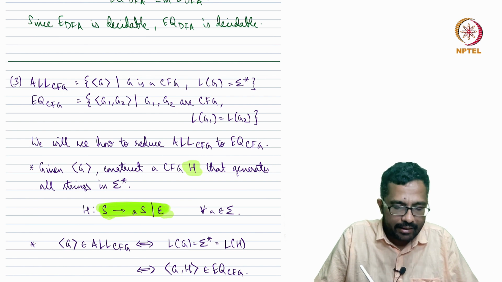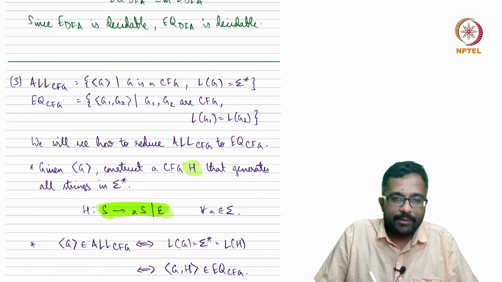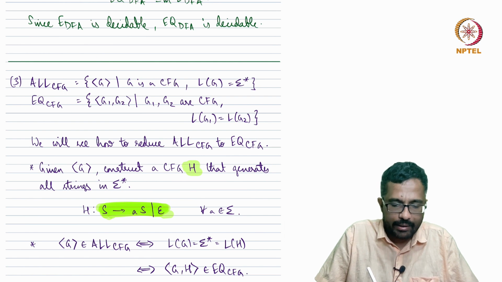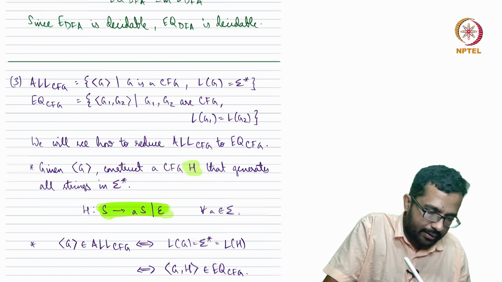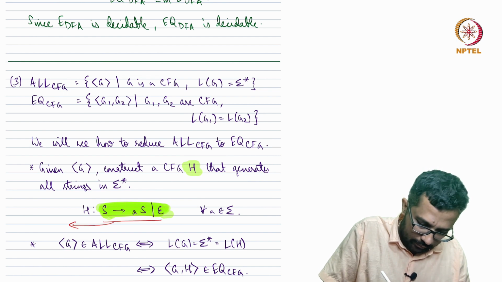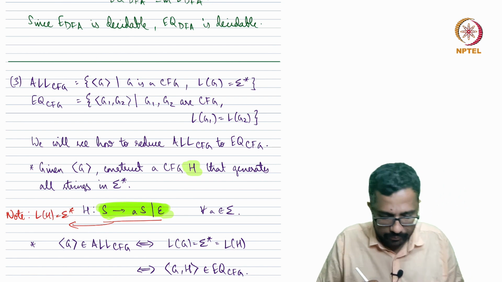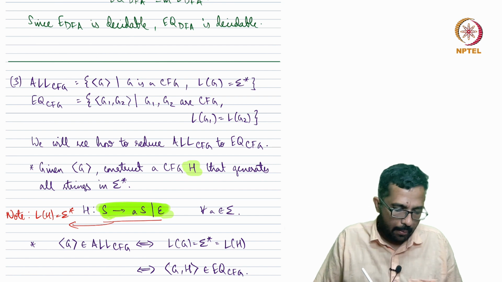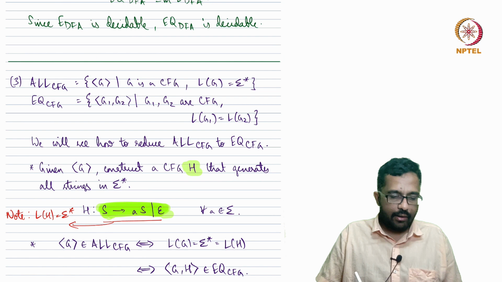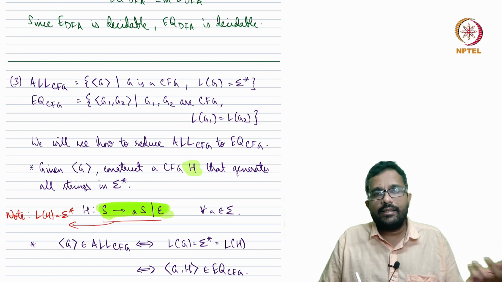So basically any string using the alphabet sigma can be produced using this. So this is very easy to see. Note: L of H is sigma star. So now we can just ask, are G and H equivalent?